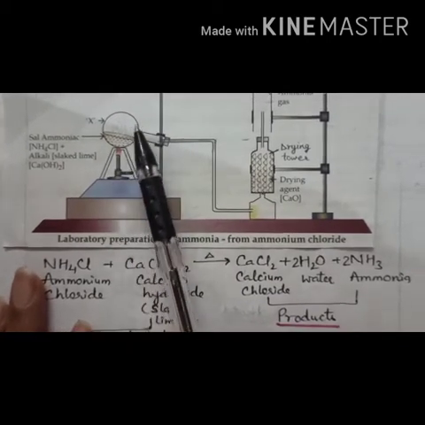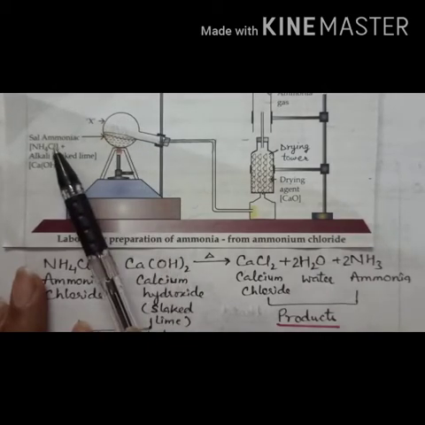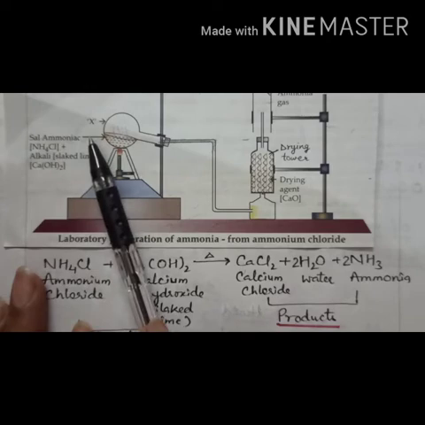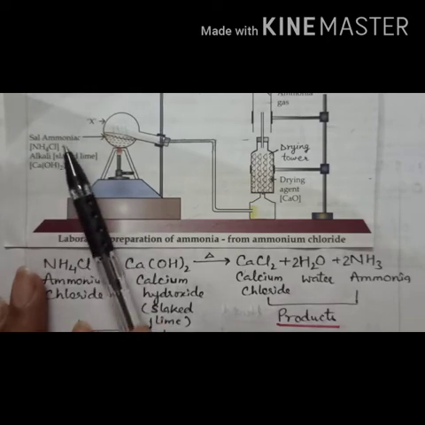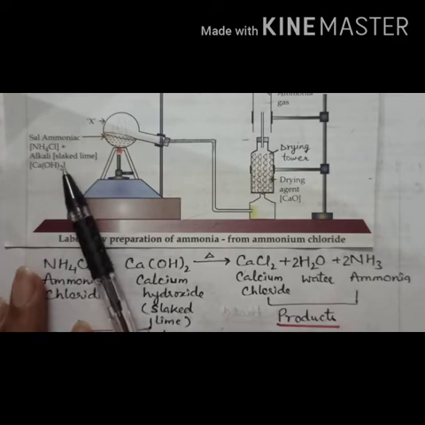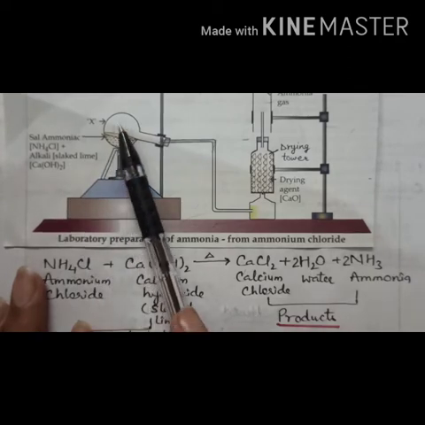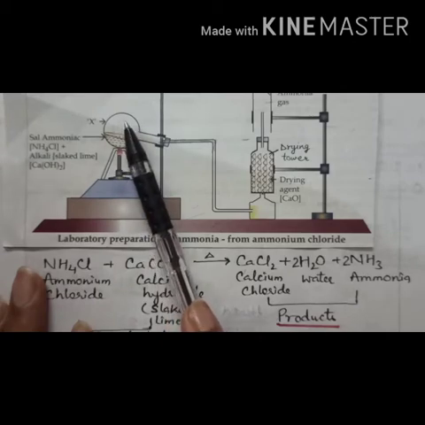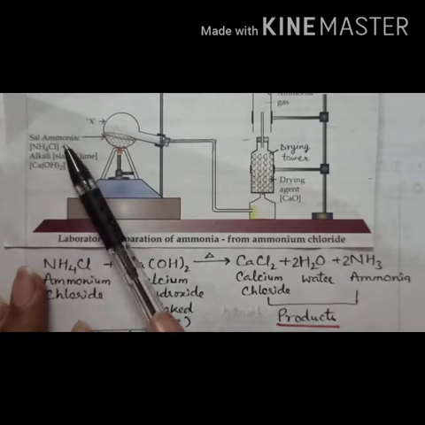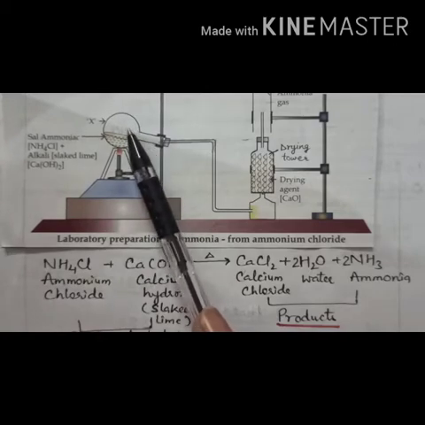Just see, in this round bottom flask, we will take sal ammoniac, that is ammonium chloride, and alkali. Which alkali? Calcium hydroxide is taken, which is also called slaked lime. When it is heated, which salt is formed? Calcium chloride, and water and ammonia gas are produced.